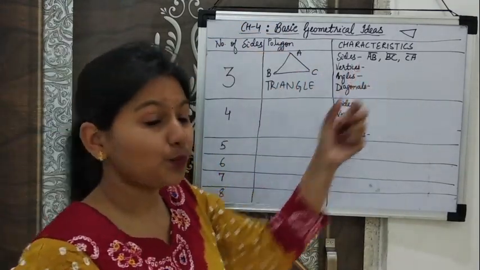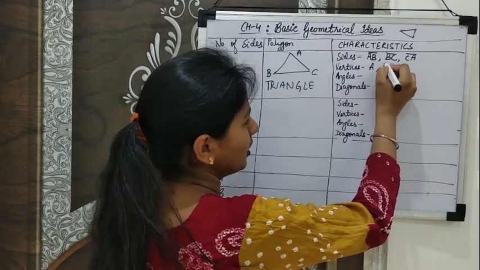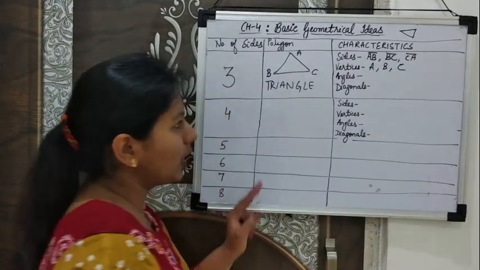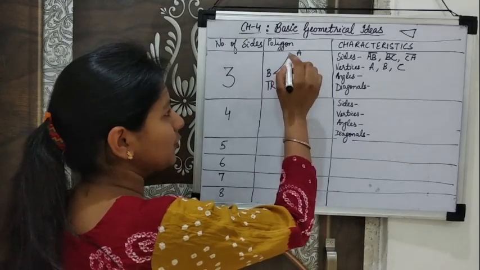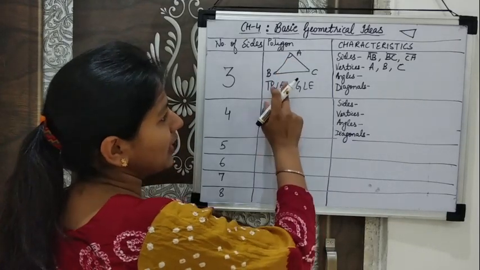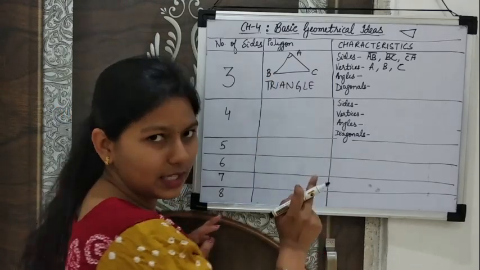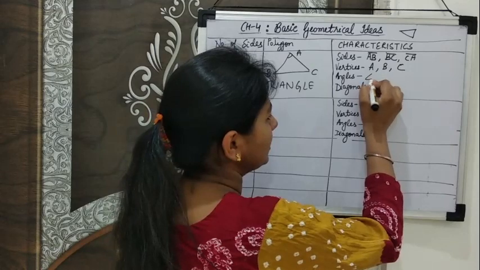The next is vertices. How many vertices? Again 3 vertices, A, B and C. Now angles. 3 angles are there, but if I have to name this angle A, I will not write only angle A. I will write either angle BAC or angle CAB. We can write it either way.